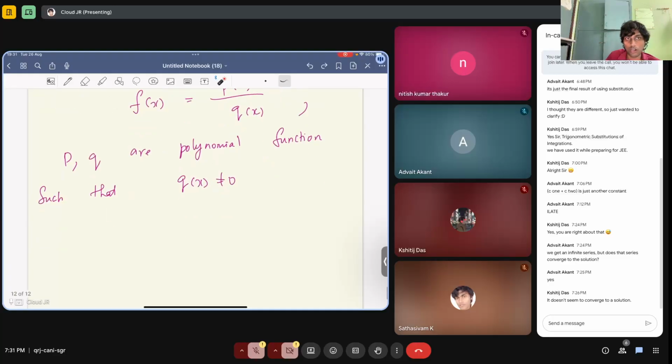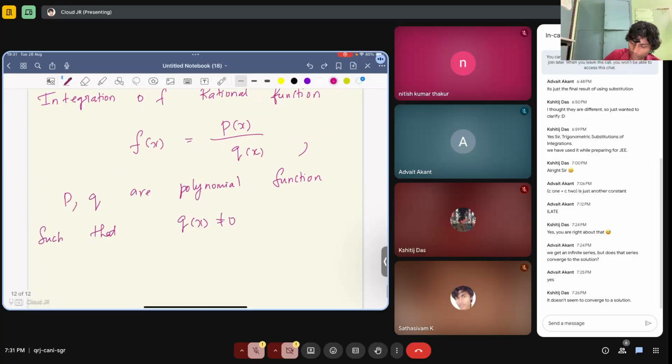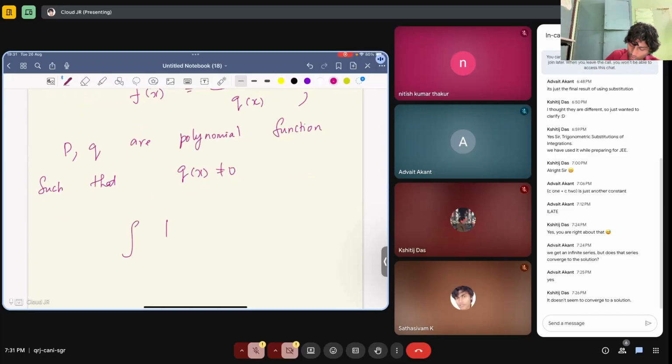So now if you want to integrate a rational function, how do you integrate? See, it's the same thing. For example, if you want to integrate 1 by x minus 1, one should always ask: this function is not defined at x equal to 1, so how do you integrate?